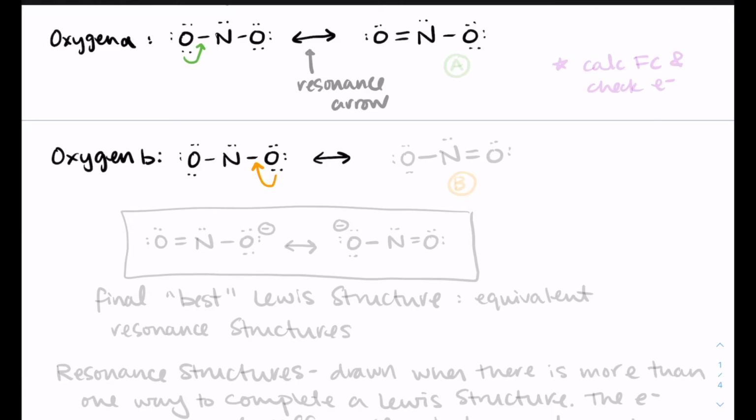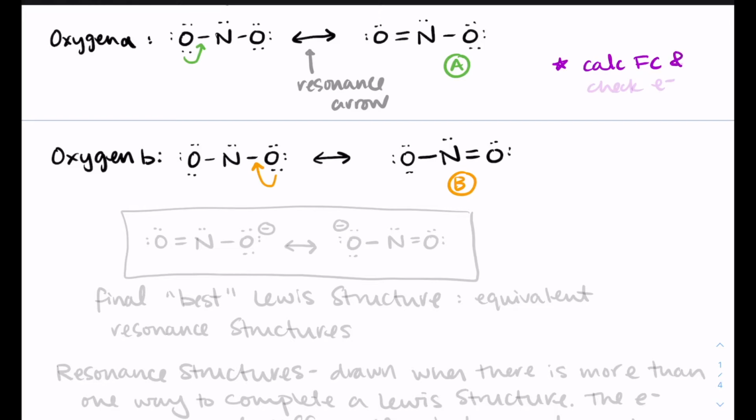The next thing I would need to do is calculate my formal charge and check the electrons. We'll save that and do it in a little bit with the other structure too. If I decided to instead push those electrons from oxygen B, it's the same thing but on the other side. Notice I've labeled these structures differently because my atoms are not moving.